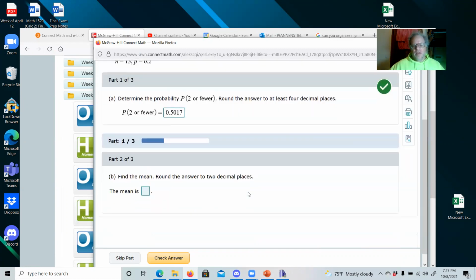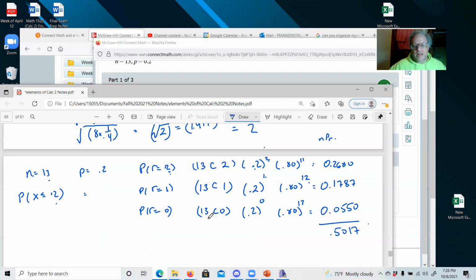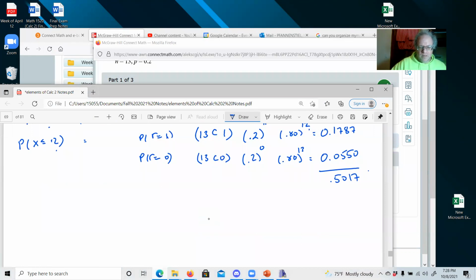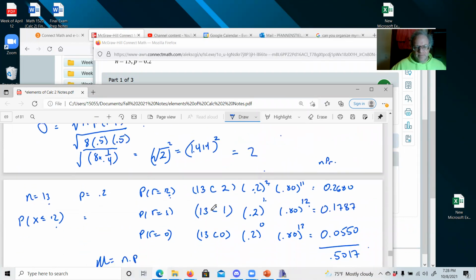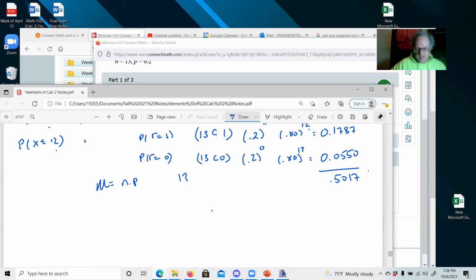Hooray. Find the mean. Round answers to 2 decimal places. Okay. Again, the mean is nothing more than n times p. All right. So we have a total of 13 things times 0.2. All right.